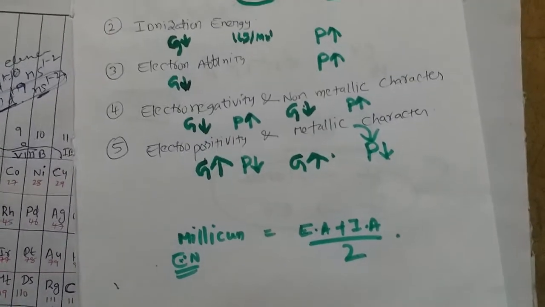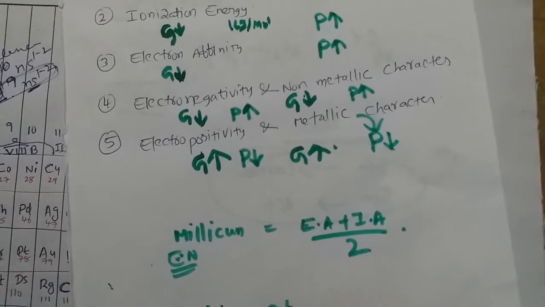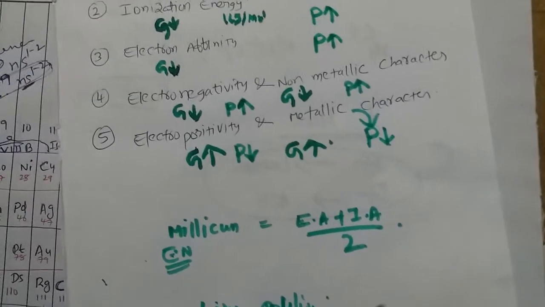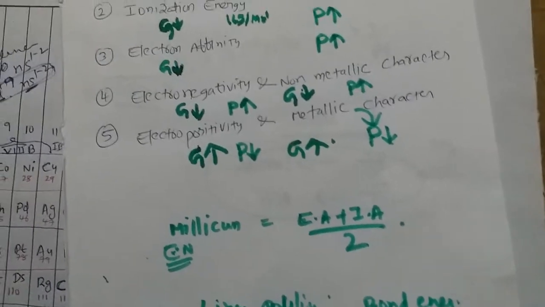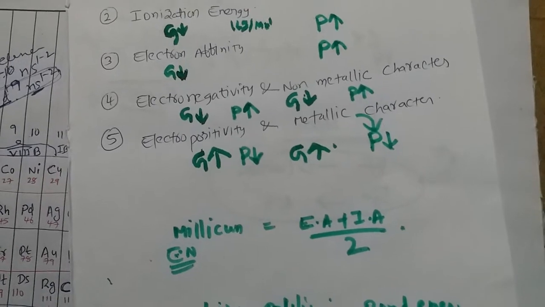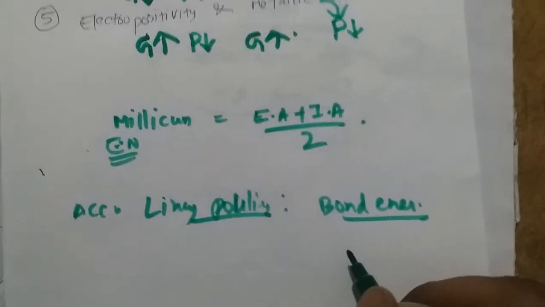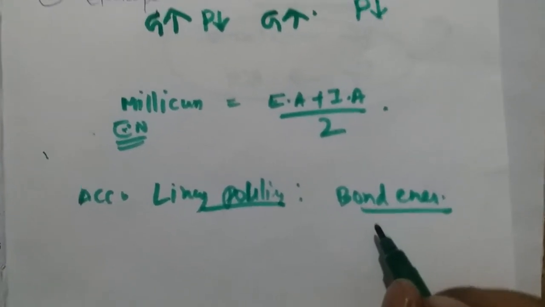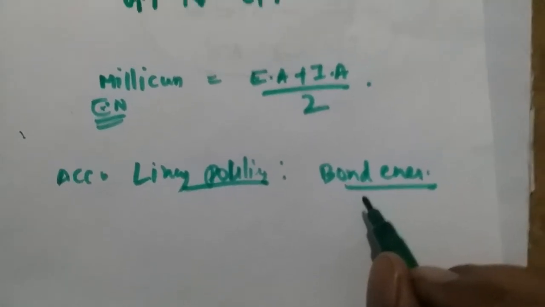And according to Linus Pauling, electronegativity will be measured according to bond energies. What is bond energy? If we break any chemical bond, some amount of energy will be released. That energy is called bond energy. According to Linus Pauling, the electronegativity of a certain element will be measured on the basis of bond energies.